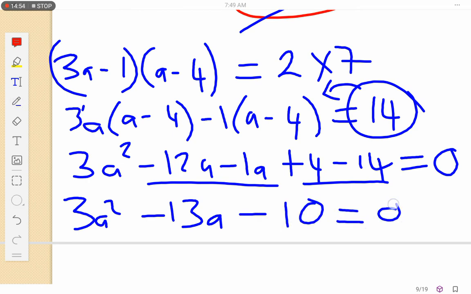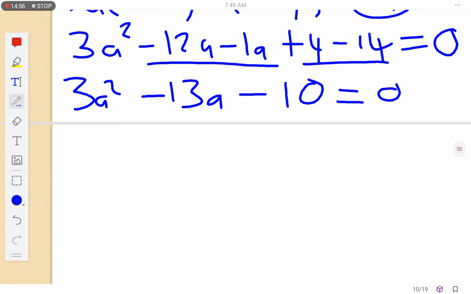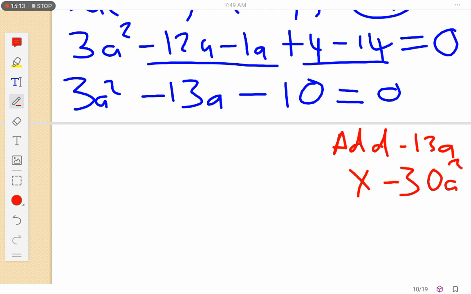So I want numbers that when I add, I'll get minus 13a. When I multiply, I'm multiplying 3 and minus 10, I get minus 30a squared. So I can think of 3 times 10.